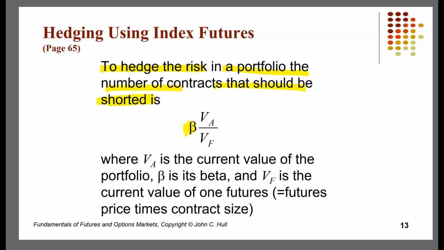And we would have a hedge ratio that's equal to beta multiplied by the value, the number of contracts, not the hedge ratio. I think I said that ratio a few times. The number of contracts that we would need would be equal to the value of the asset that we are looking to hedge divided by the value of the contract. This would give us the number of contracts. And beta is essentially our hedge ratio.